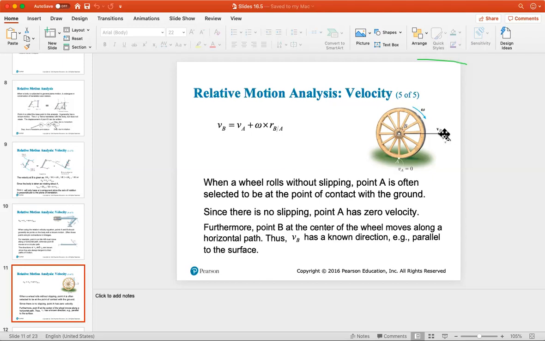So in this case, let's say they give you the velocity of B, the center of the wheel, and you know the velocity of A is 0. Then you immediately can say that the velocity of B relative to A is omega times r_AB. Well, that's just the radius.